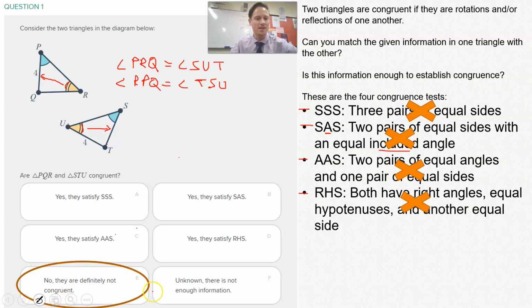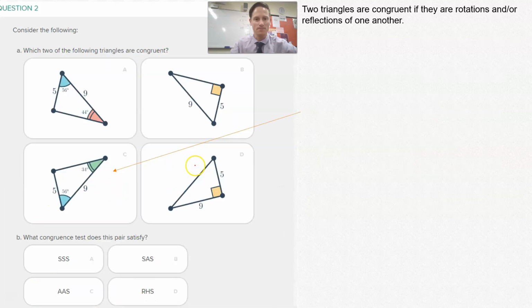So in this case, we can say they are definitely not congruent because we have not been able to establish any of these rules. If we were able to establish part of one of them, we might be able to say unknown, there is not enough information. But based on the information we have, that 4 is on a different side. So therefore we can say that they are not congruent.